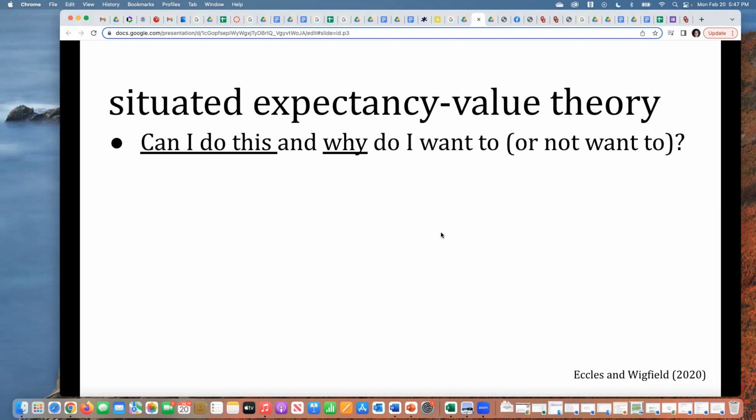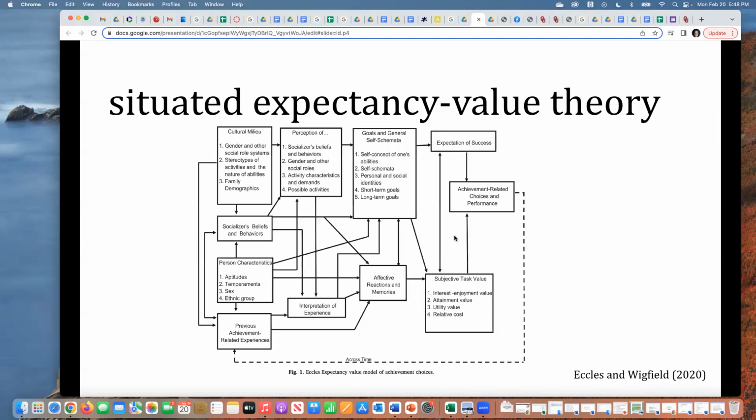Put another way, situated expectancy value theory has beliefs embedded within it that map onto students' competence beliefs and also their reasons for engaging, or not engaging, in a given academic domain or task, or whatever it is that is the focus of exploration.